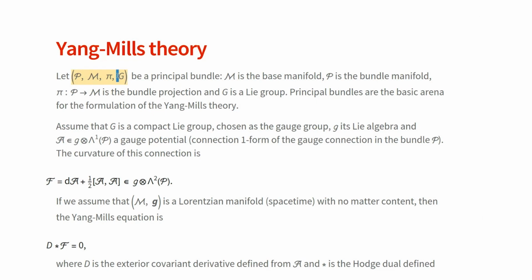And now, rather than a standard fiber as before, what we have is a Lie group. G is a compact Lie group that is going to be the gauge group, and small g is its Lie algebra.